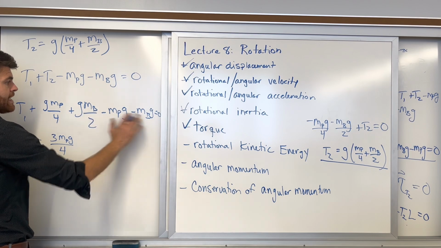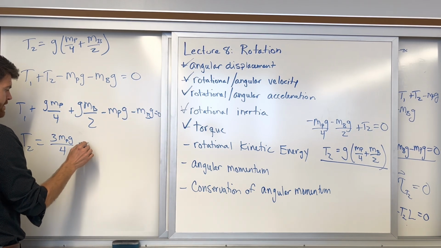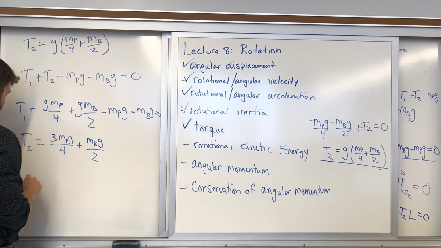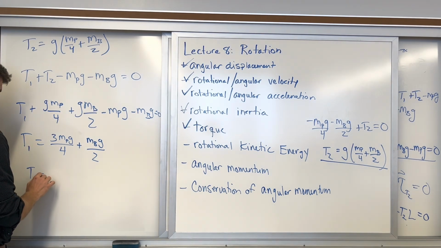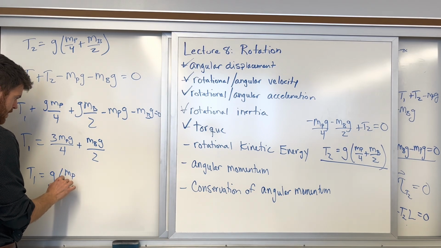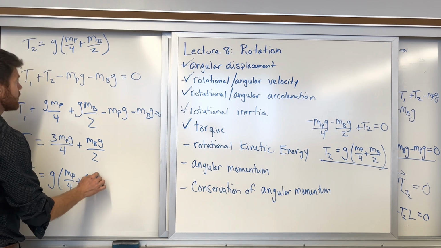So this gives me a negative MBG over 2. Take it over to the side, get a positive. Oh, this should be T1. So T1 equals G times 3 MP over 4 plus MB over 2.